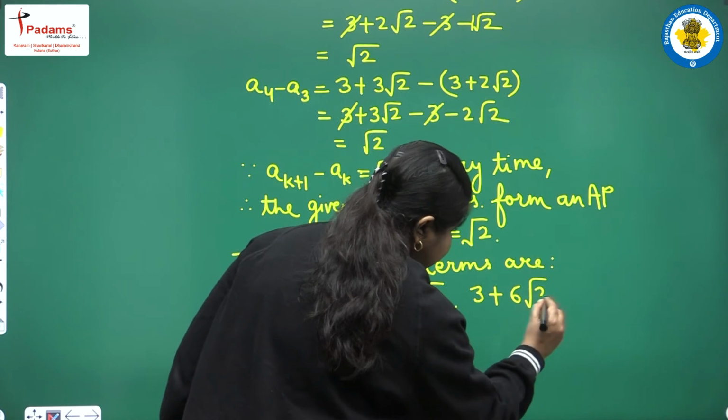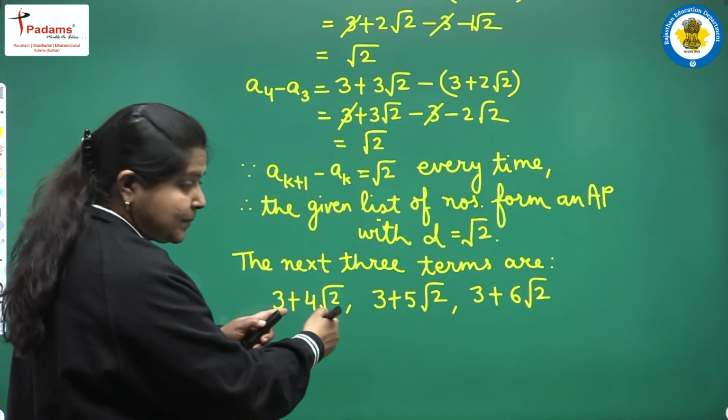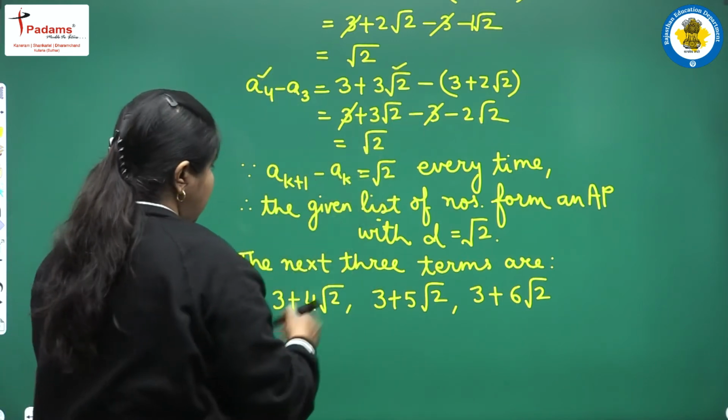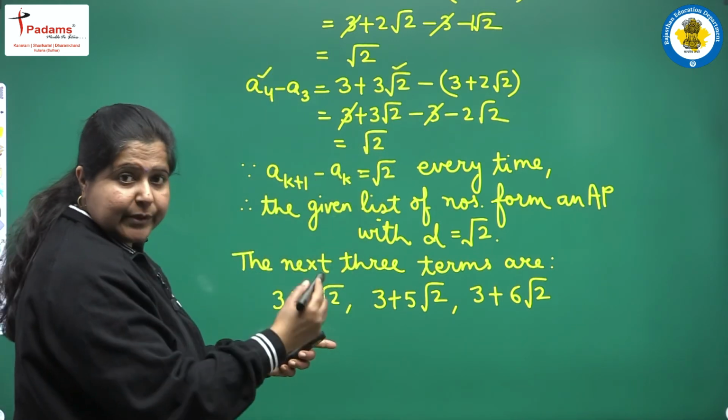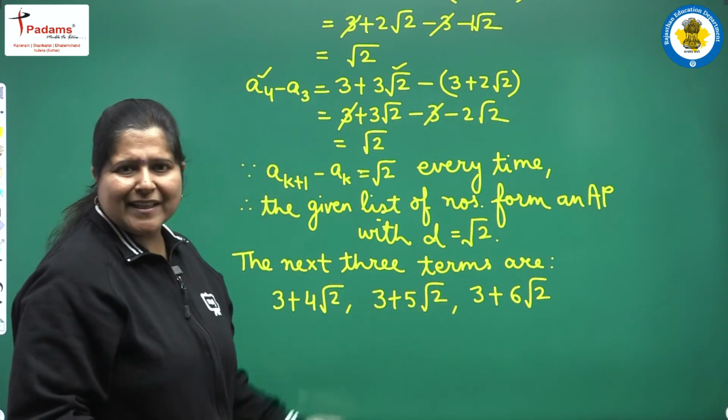Every time we are adding root 2 root 2 root 2, तो आप अपने आप देखिए काउंट बढ़ जाएगा √2 का। पहले यहाँ पर था फोर्थ टर्म 3 + 3 √2, अब हो जाएगा 3 + 4 √2, क्योंकि एक √2 बढ़ जाएगा, फिर 5 √2, फिर 6 √2. तो I hope you can connect it.